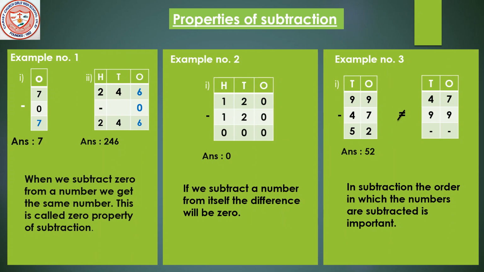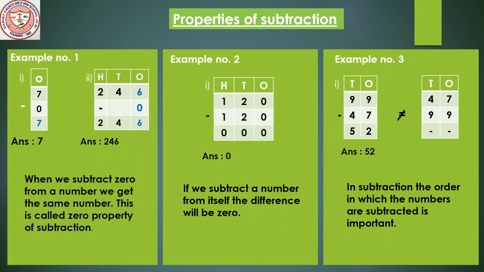Second example, 246 minus 0, or subtract 0 from 246, and we got the answer 246 itself. So what do these examples mean? It means when we subtract 0 from a number, we get the same number.